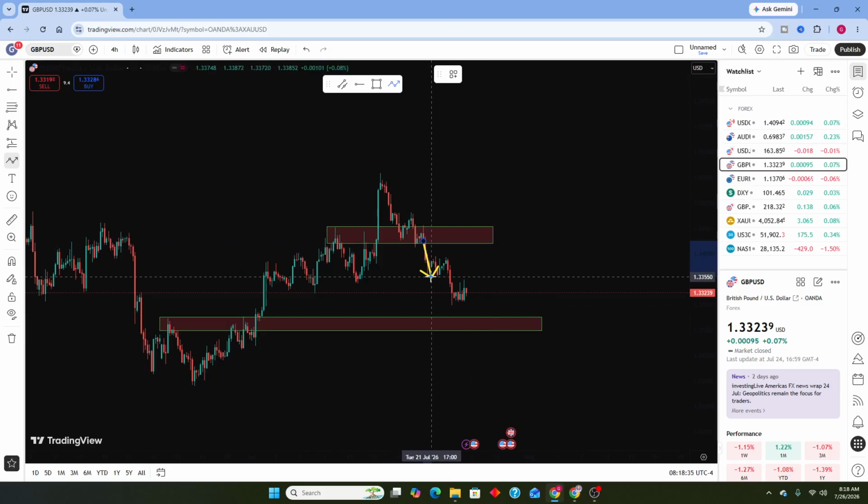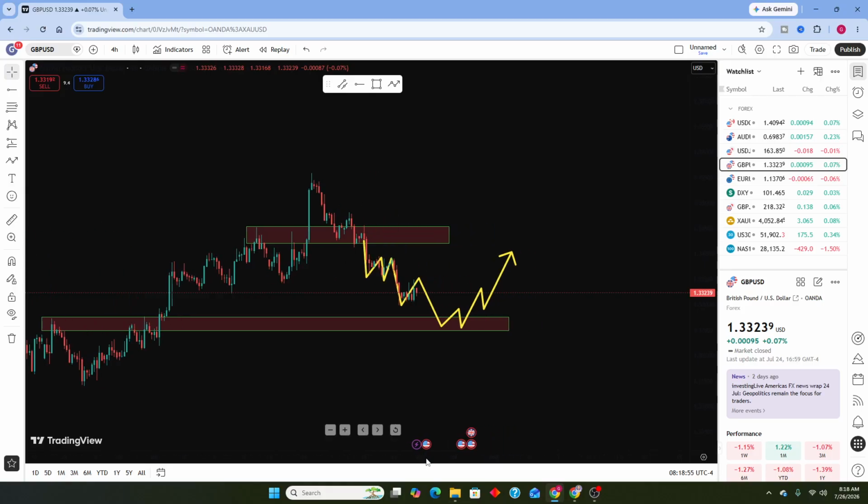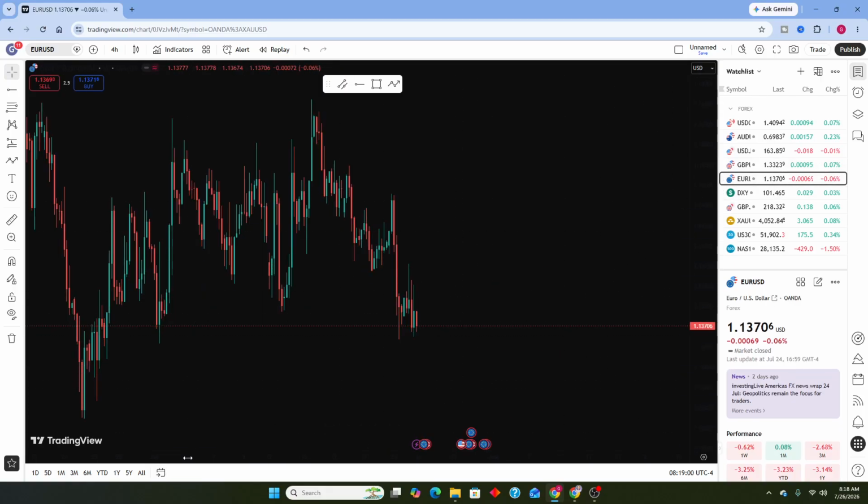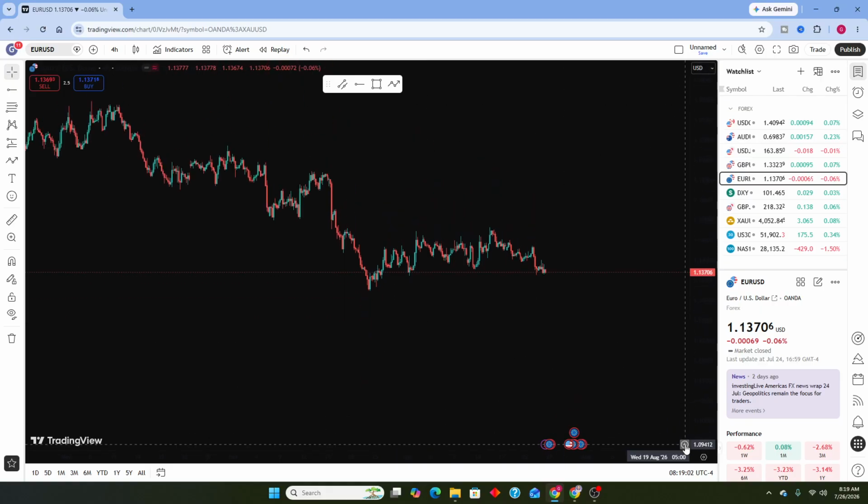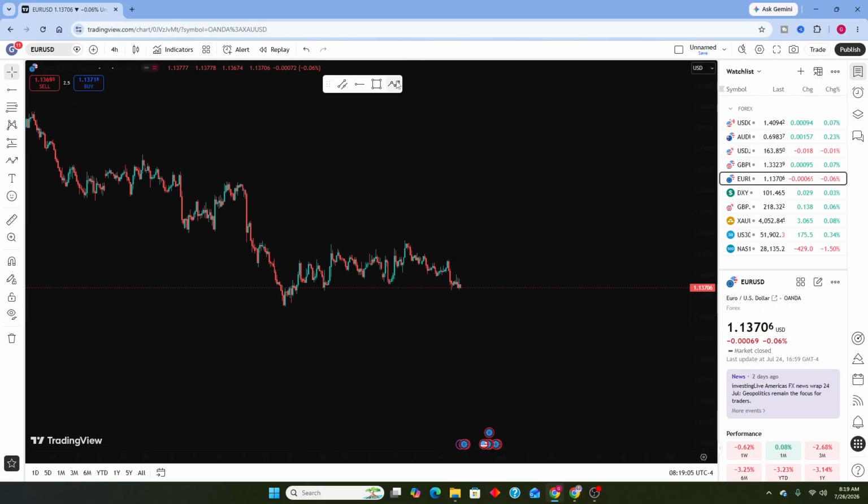So we can go up to here, which it looks like we did. Well, that's what we could be looking for. Let's go to Euro USD. Aggressive down, up, down, up.